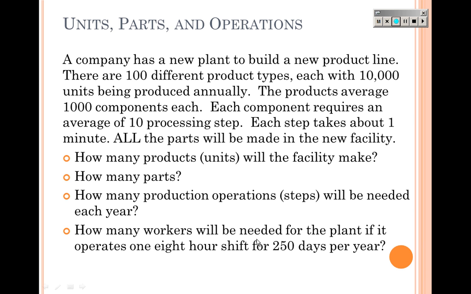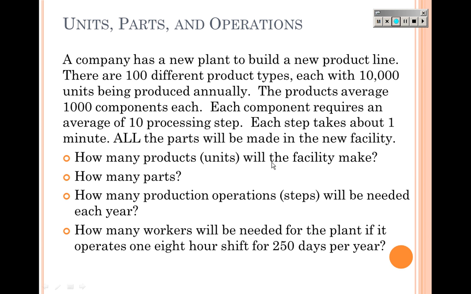Each component takes about 10 processing steps, and each of the steps takes about a minute. All the parts will be made in the new facility. So how many products will the facility make is the first question. Let's break it down and look at these one by one.